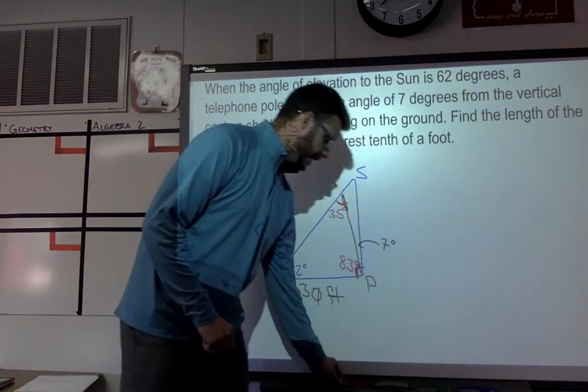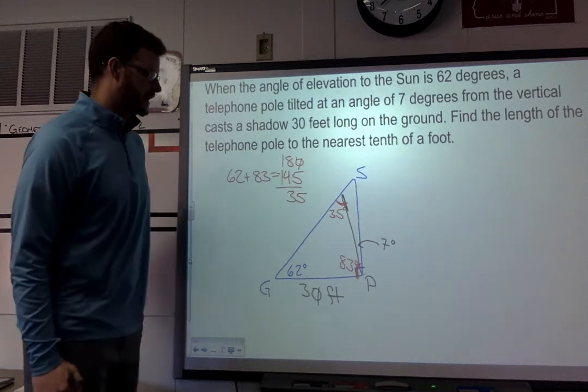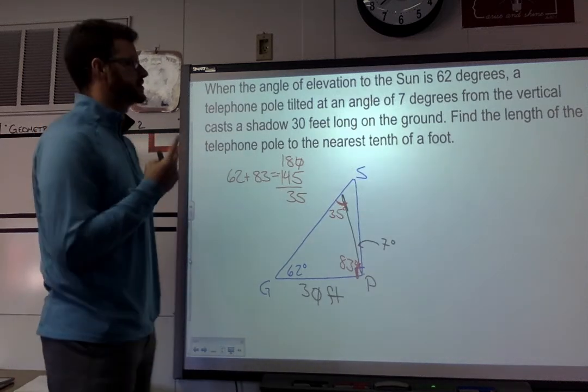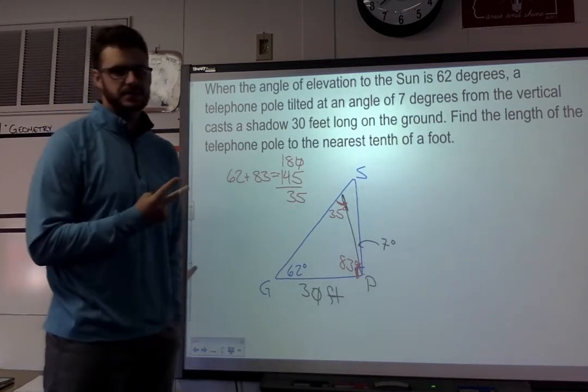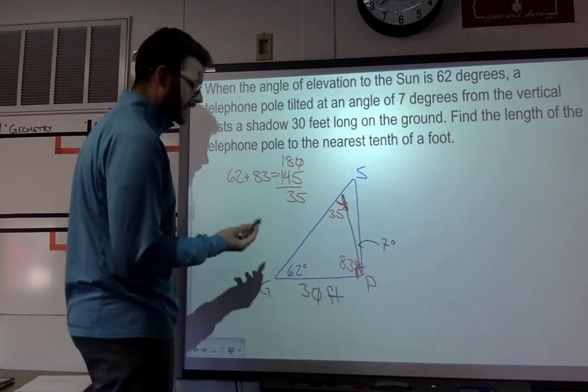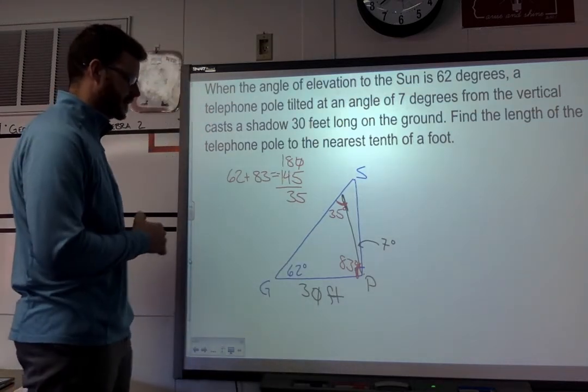So based on that, we need to determine, can we use the law of sines or the law of cosines here? For the law of cosines, we know that we have to have at least two of our missing angles. So in order to do this, we can't use the law of cosines. We need to use the law of sines here.